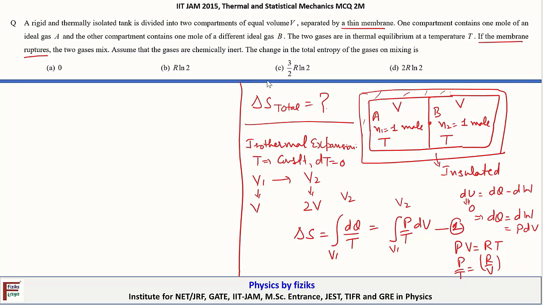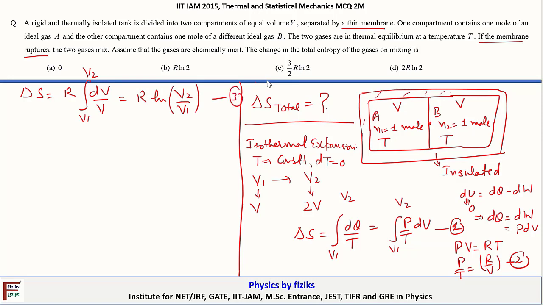Now, equations 1 and 2 imply that delta S for the respective gas is the integral of p by T dV, and p by T is R by V. Let's take R outside because it's a constant, and inside we will have dV by V from V1 to V2, and this is nothing but R ln V2 by V1. Here V2 is the final volume and V1 is the initial volume. Let's call this equation 3.